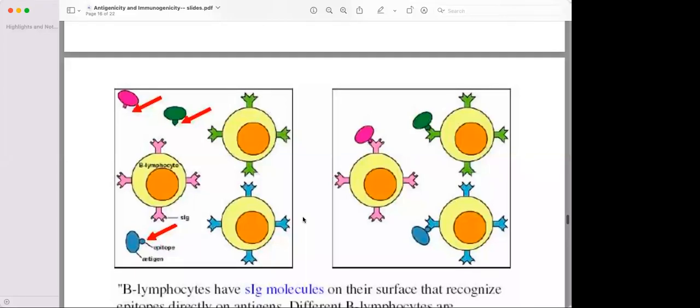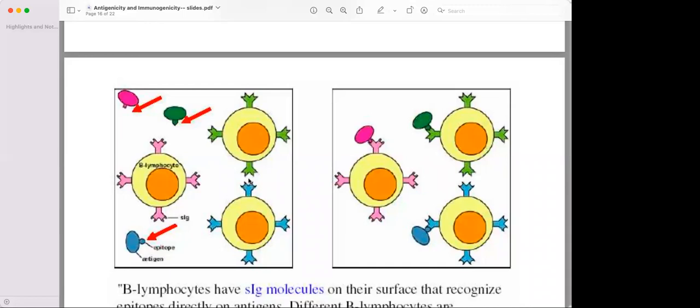And I also mentioned to you that the surface immunoglobulins expressed on the B lymphocytes are able to recognize epitopes, and each of these epitopes would be recognized differently by the B cells formed. So we have, say, the pink, which will be recognized by its own B cell receptor.